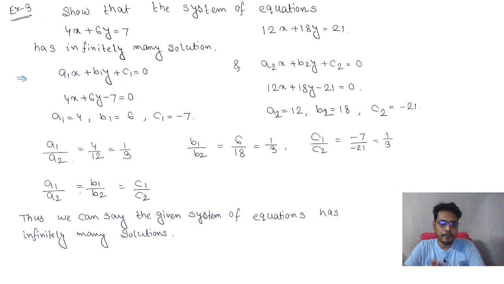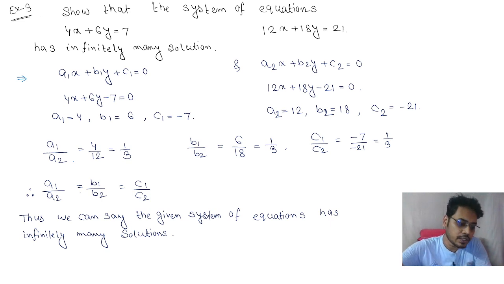So a1 is 4, b1 is 6, c1 is minus 7, a2 is 12, b2 is 18, and c2 is minus 21. Now what is the value of a1 by a2? It's 4 by 12, means 1 by 3. b1 by b2, 6 by 18, means 1 by 3. And c1 by c2, minus 7 by minus 21, that is also 1 by 3. That means a1 by a2, b1 by b2, and c1 by c2 are equal. So it is only possible when it has infinitely many solutions.